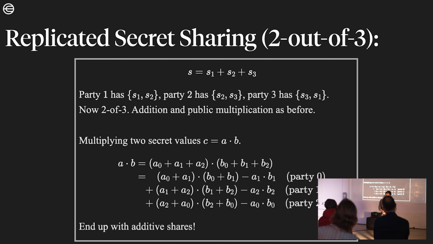For this, we're going to augment the way we share the secret a little bit. Instead of having 3 parties, each receiving 1 share, in a way that you need all 3 shares combined to get to the secret, we're now giving each party 2 shares. Party 1 gets shares 1 and 2, party 2 gets shares 2 and 3, and party 3 gets shares 3 and 1.